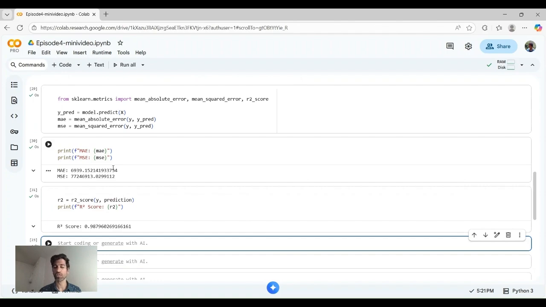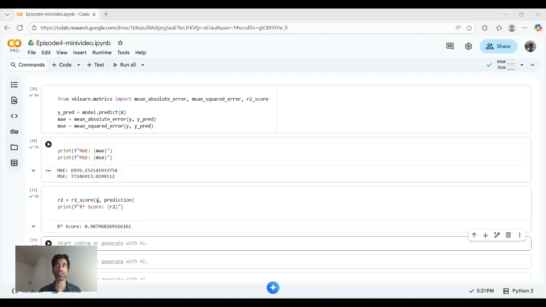But still, I'm not convinced. I want to see the MAE and MSE in a scale that I can understand as a human. So let's bring the inputs and outputs to the scale that we understand. So in sklearn preprocessing, there is a module called MinMaxScaler.